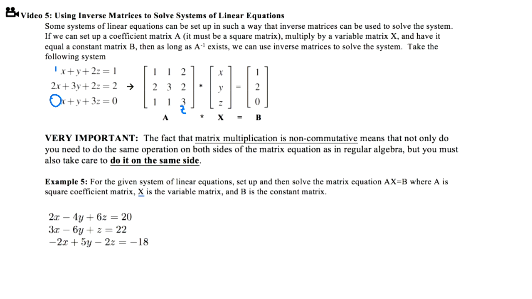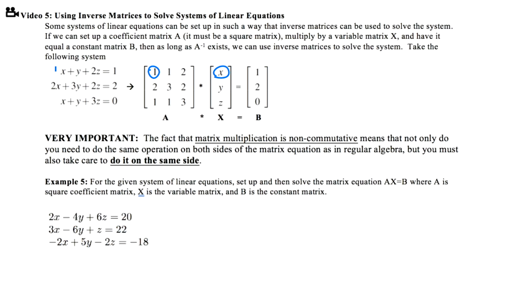Okay, so what we know is that when we do matrix multiplication, we always do the row times the column. So I'm going to do the first row times this column matrix. What would we get when I multiply this first row?